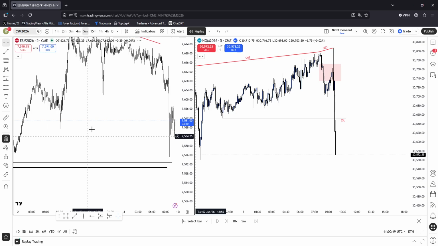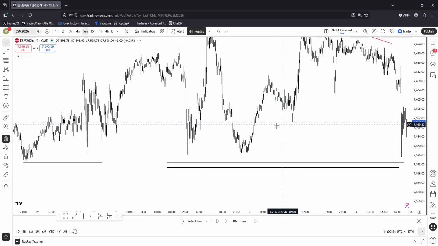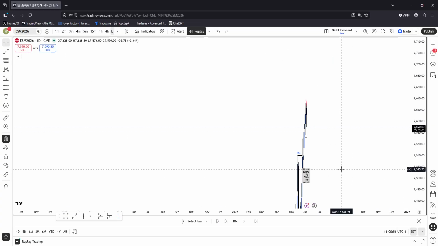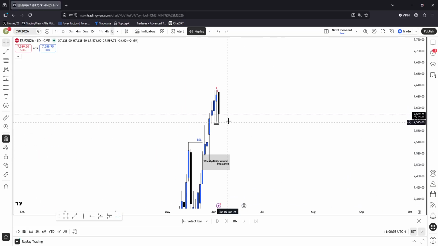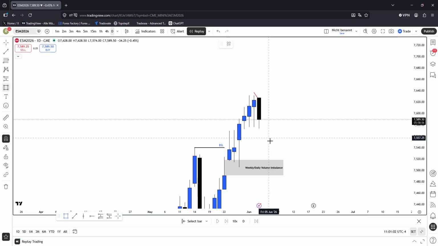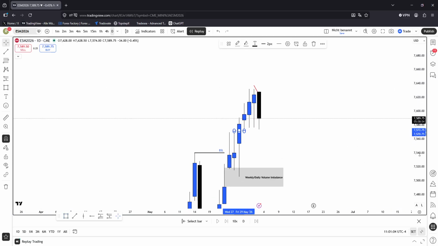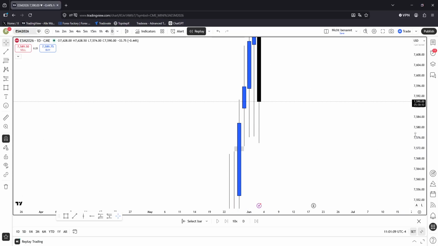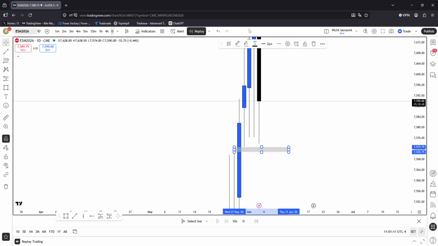can see that we have, let me zoom in, that we have formed relative equal lows to the bullish daily fair value gap here. Let me mark this out so it gets more clear. I mean, it's pretty small, to be honest. It's average, but yeah, you get what I mean.